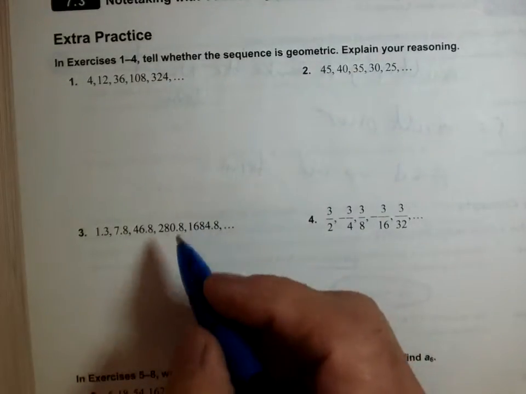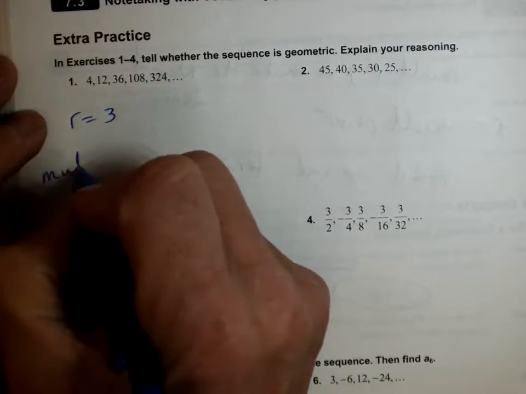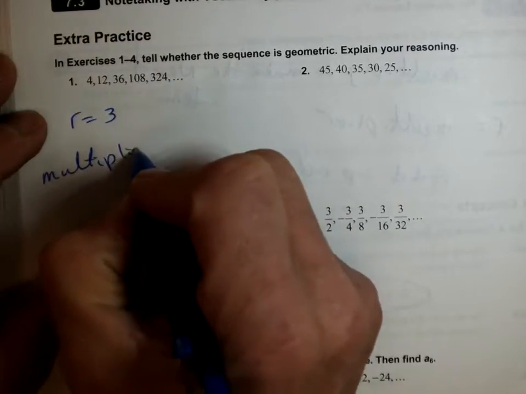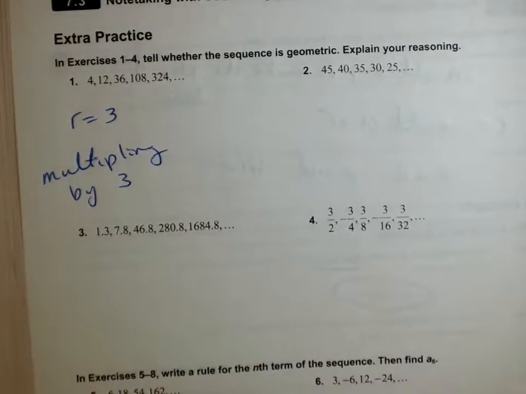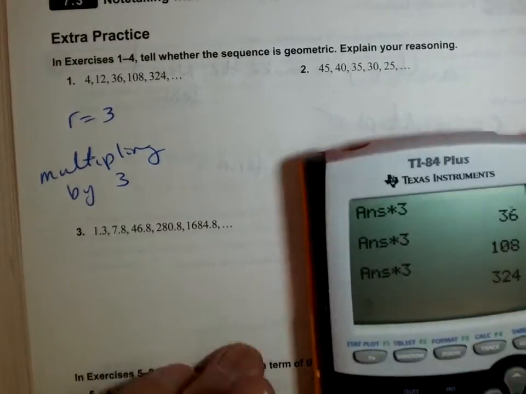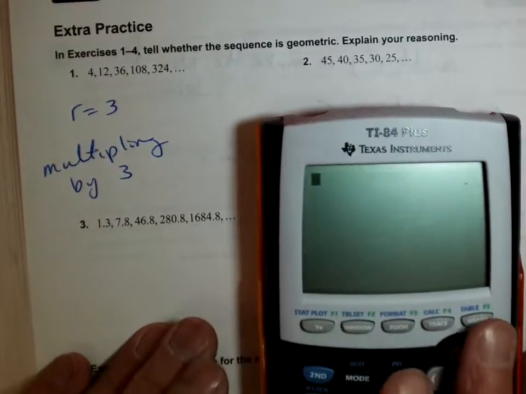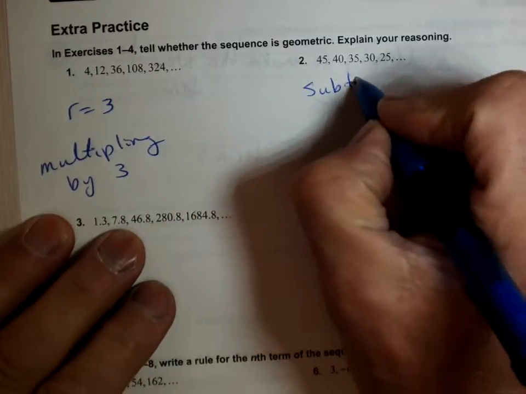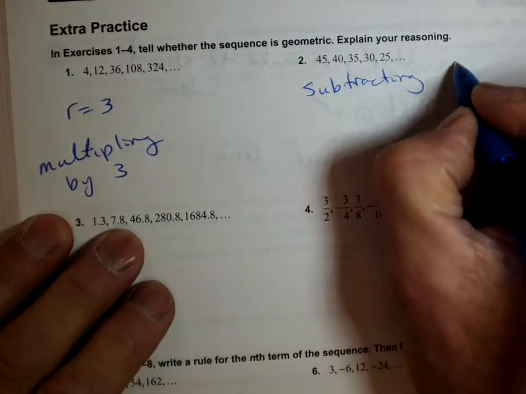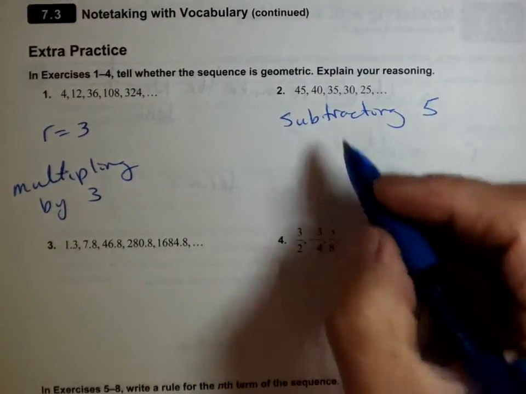So my reasoning is r equals 3, or in words, we're multiplying by 3 each time. Okay, let's look at number 2. It doesn't look like I'm multiplying at all. It looks like I'm subtracting 5, which makes it arithmetic.